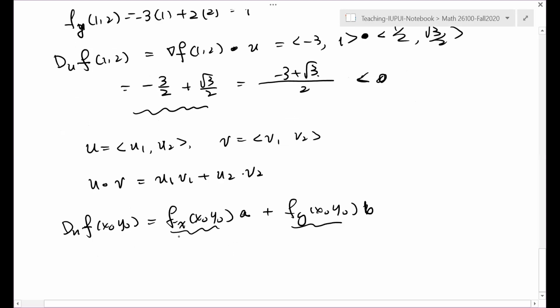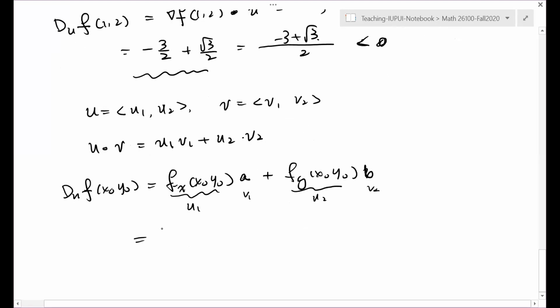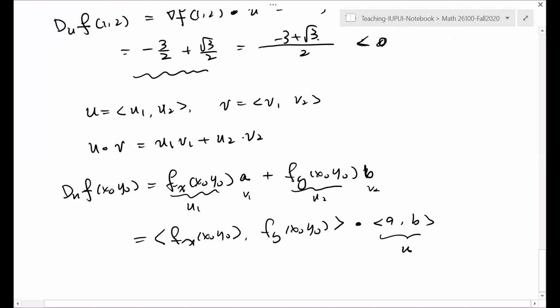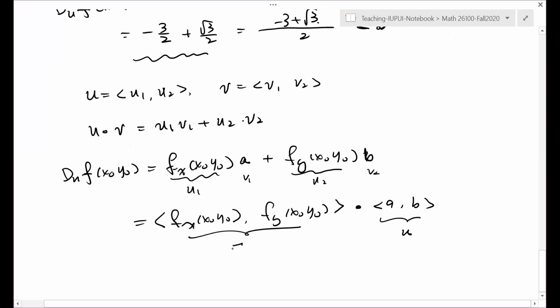You can rewrite this expression as the dot product of the vector with components a and b and the vector u. We were given u at the very beginning, and this other vector we denote by this notation, which is called the gradient of the function.